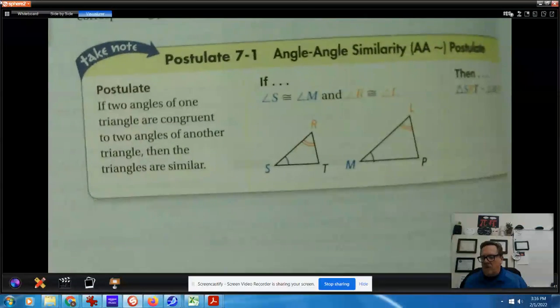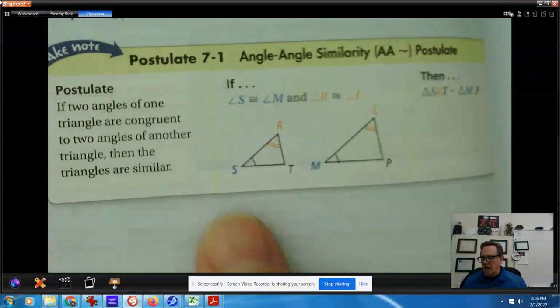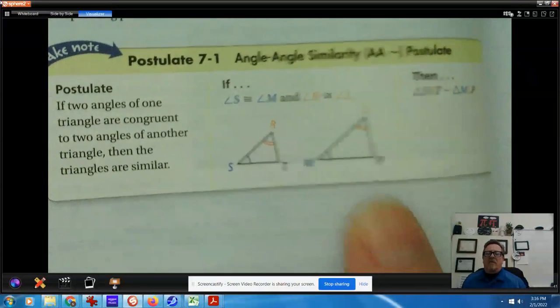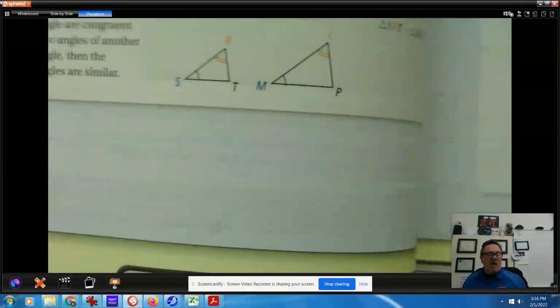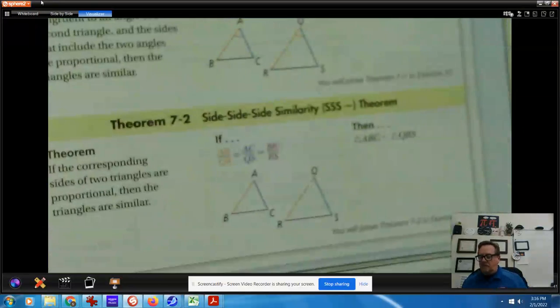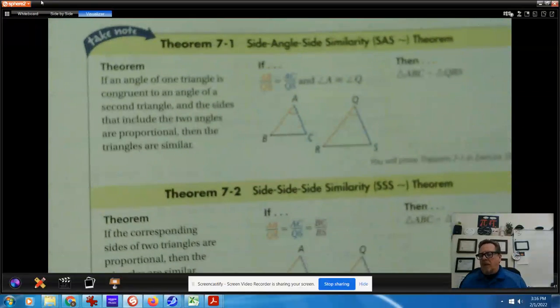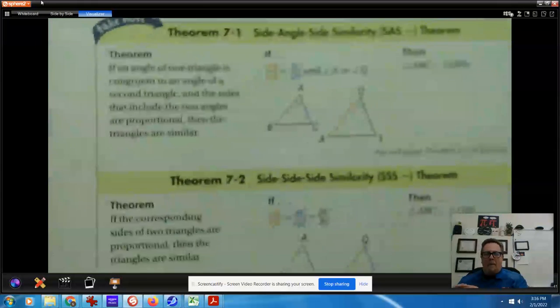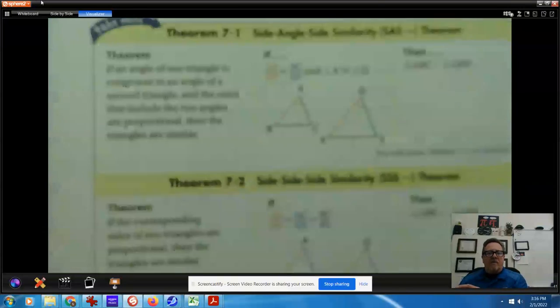So it's only necessary to say that two angles in one triangle are congruent to two angles in the other triangle, and then we can say the triangles are similar. Okay? Remember, we're talking similarity today.